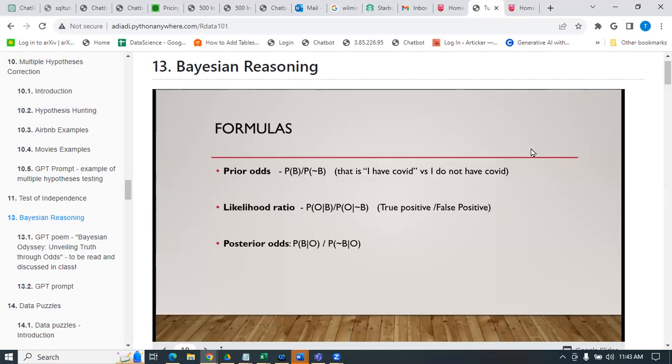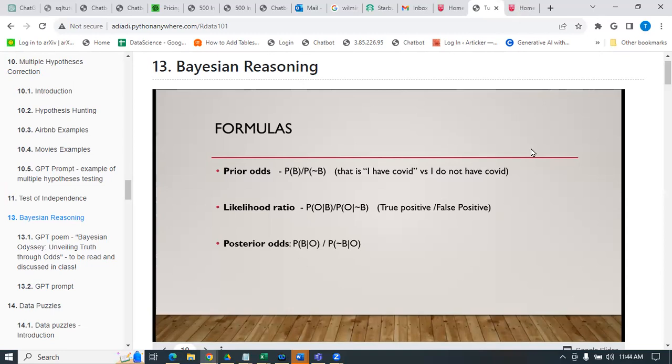Likelihood ratio is the probability of observation happening under the assumption that belief is true, divided by the conditional probability of observation happening when belief is false. That's what we just defined. And posterior odds, finally, is the probability of the belief, having COVID in this case, conditional on observation, divided by the complement of it.